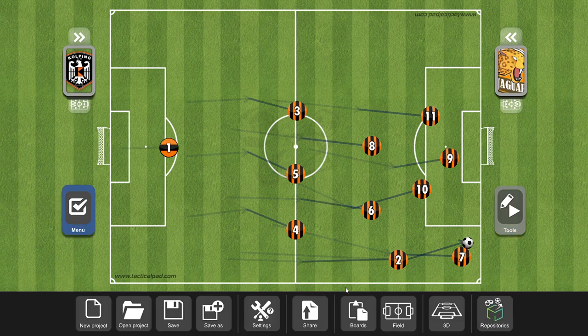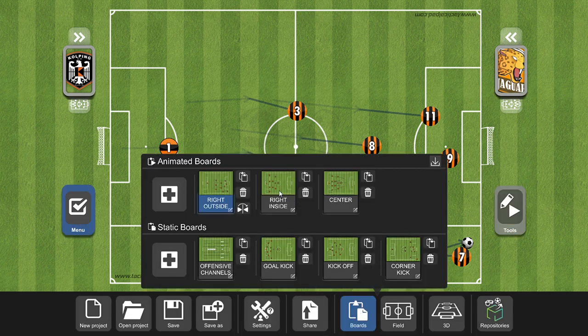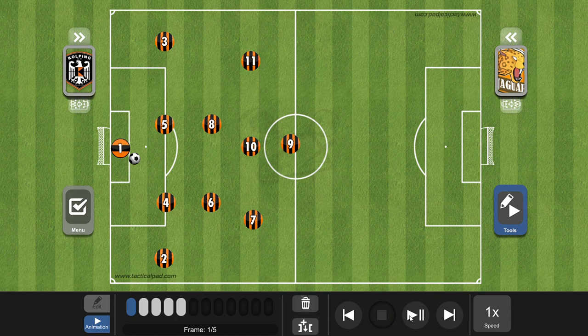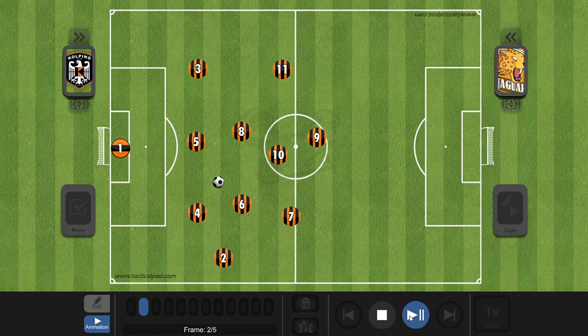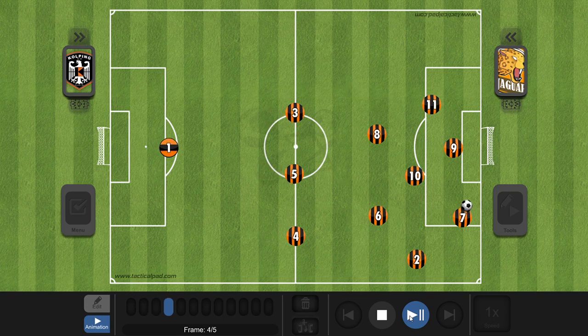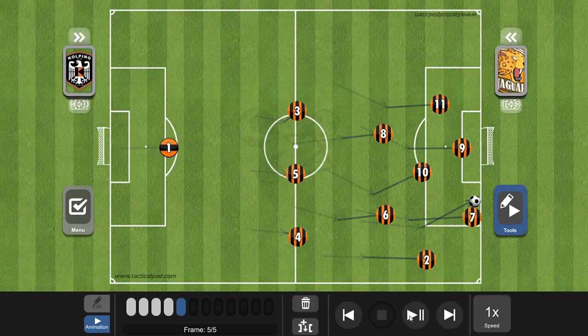Now, in terms of attacking along more of the right inside channel, we would be doing something more along this line, where our 1 is playing to our 4 or to our 6 straight up the field, who's pushing it up to our 7 more centrally. We still have our 2 up in support.